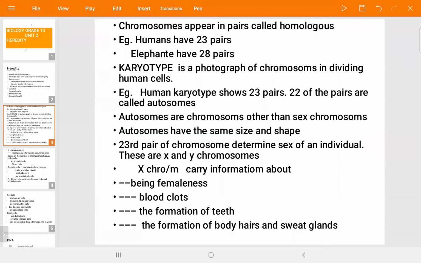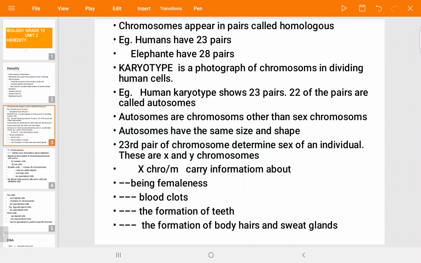Okay? Unlike autosomal chromosomes, the members of the sex chromosomes, known as X and Y chromosomes, determine what? Unique features. The X chromosome carries information about being female, blood clotting mechanisms, the formation of teeth, body hair, and sweat glands.